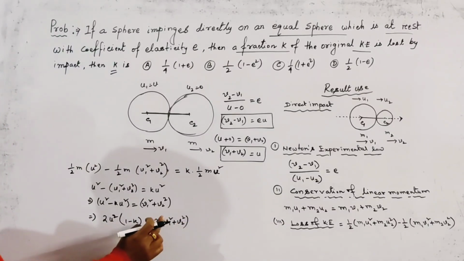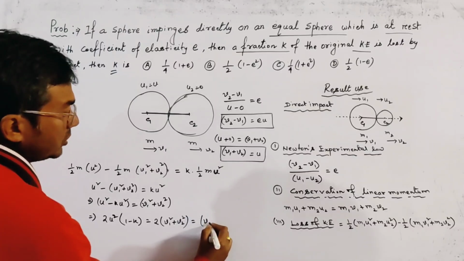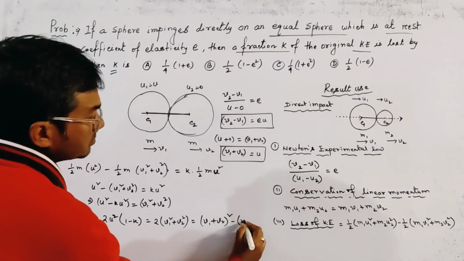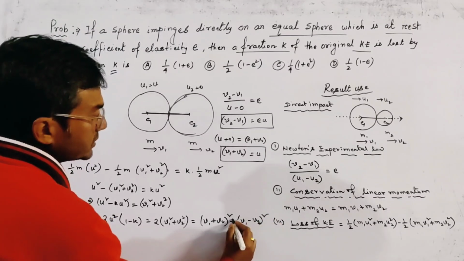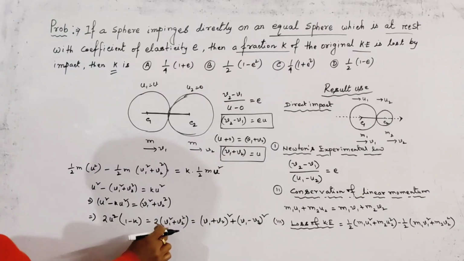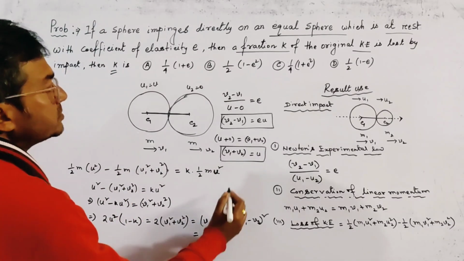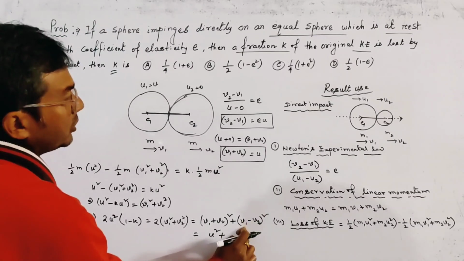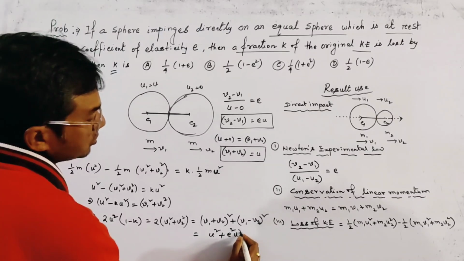We multiply by 2 because we use the formula: 2 into (v1 square plus v2 square) equals (v1 plus v2) whole square plus (v1 minus v2) whole square. Now putting the value of v1 plus v2 from the earlier result, this is u square, and putting the value of v1 minus v2, this is e square into u square.